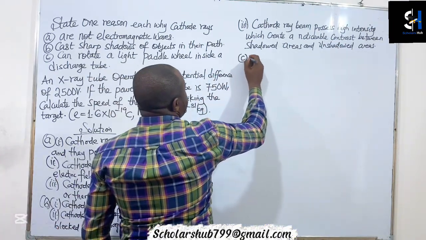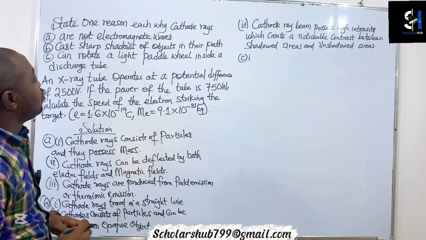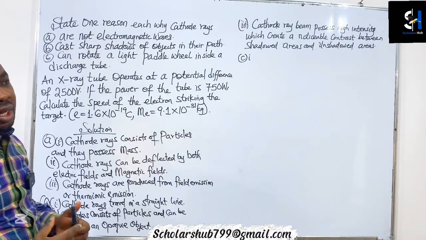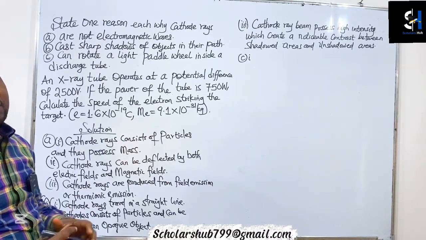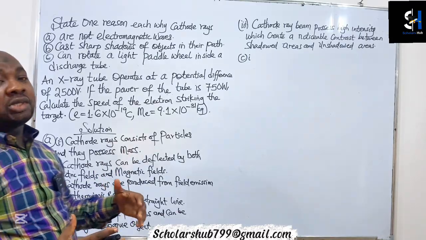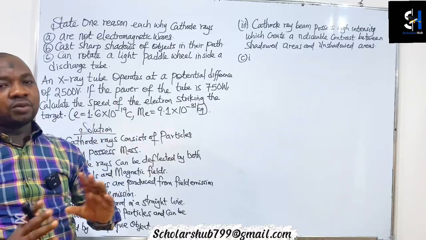Okay, now next, let's talk about why cathode rays can rotate a light paddle wheel inside a discharge tube. A light paddle wheel is constructed in order to reduce or minimize inertia and allow for easy rotation. That's the number one reason.